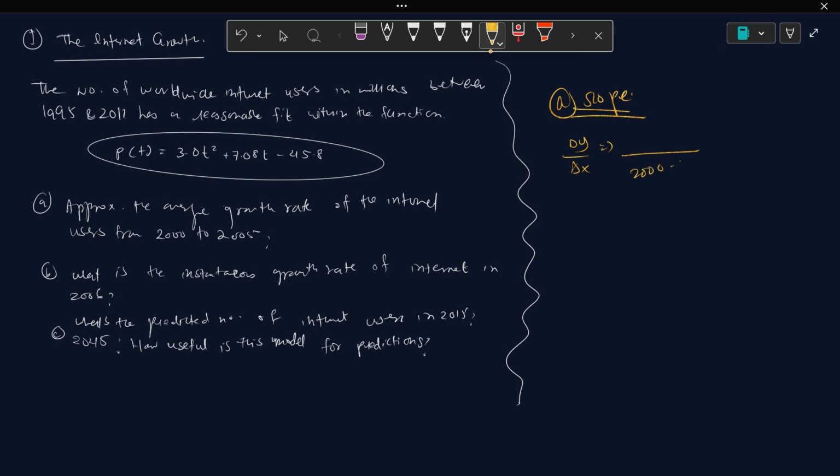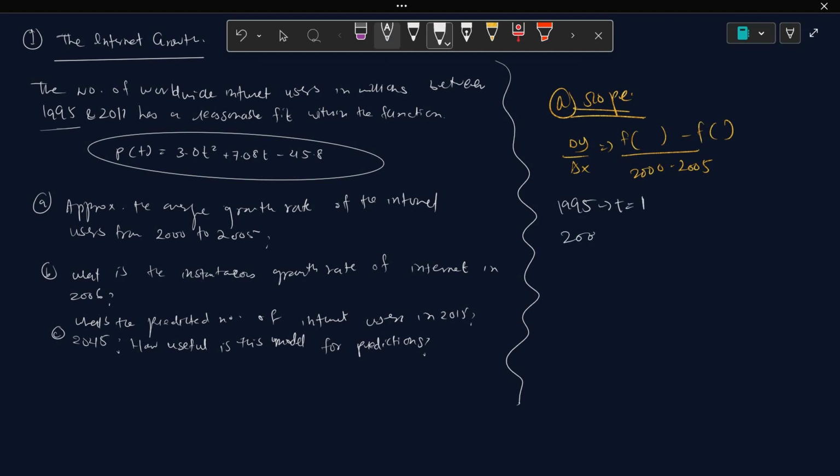The years are 2000 and 2005, and you plug those values into the function. Because the data is between 1995 and 2011, we take 1995 as t equals 1.